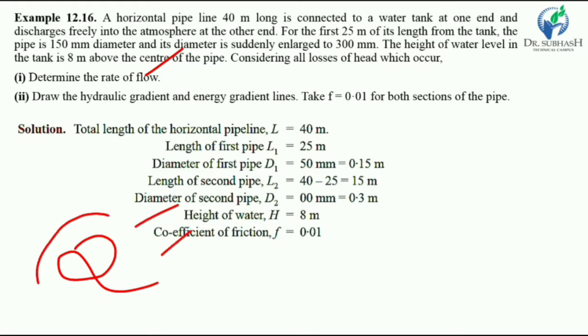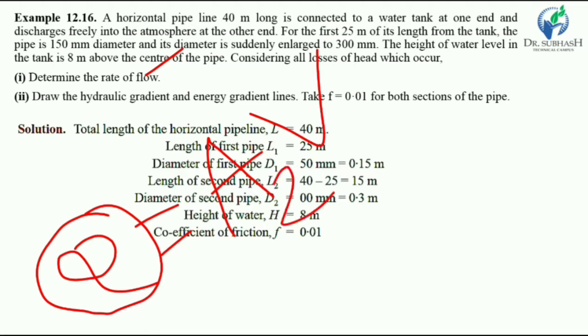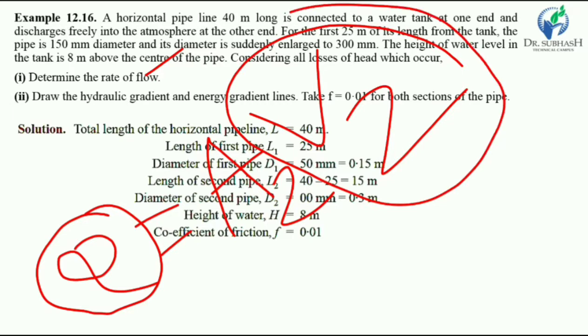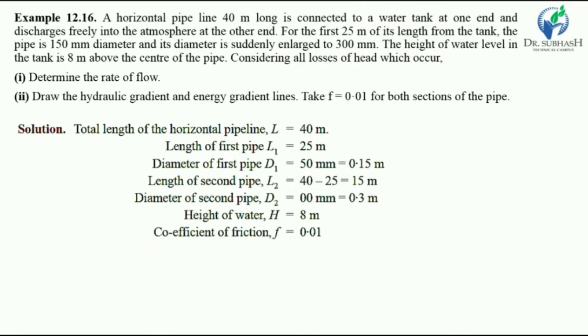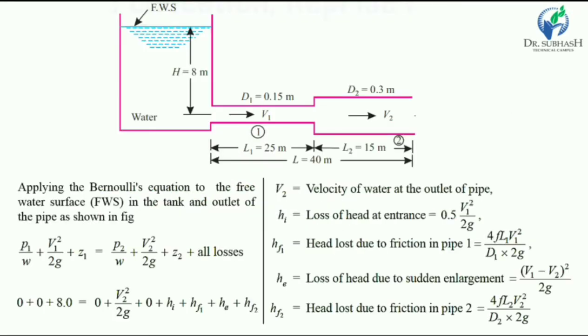So we know that the equation of rate of flow or discharge is A times V. We have to find the discharge at the exit of the pipe, so it's A2 V2. So we have to find the velocity at the exit, that means V2. We know we can find V2 with the help of Bernoulli's equation.